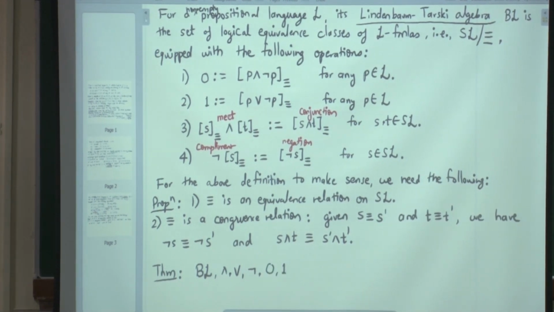Well, in some cases we also write this as truth and this as false. Is a Boolean algebra.